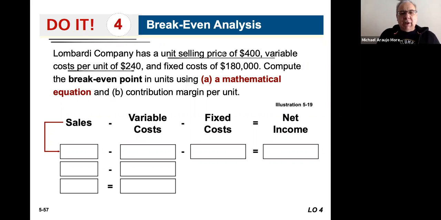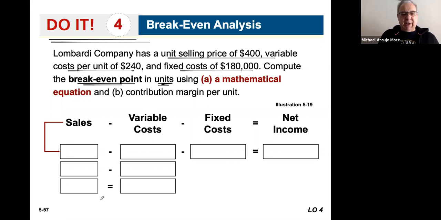So you know the sales price, you know the variable costs, you can figure out your contribution margin there, right? And they have fixed costs of 180,000. So they want you to compute the break-even point in units. First, using the mathematical equation. Secondly, using a contribution margin.